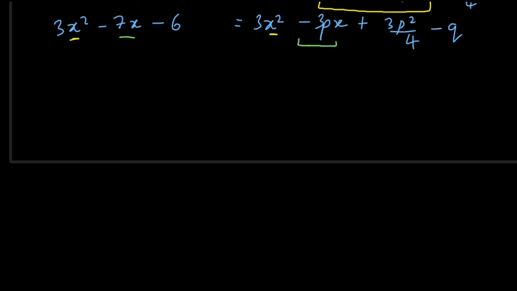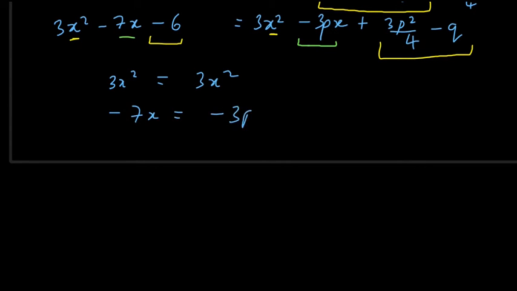We'll also compare the constant minus 6 with the constant 3p squared over 4 minus q, and solve our problem. So 3x squared is the same as 3x squared, so it's true, and minus 7x is the same as minus 3px. We cancel minus x and minus x.